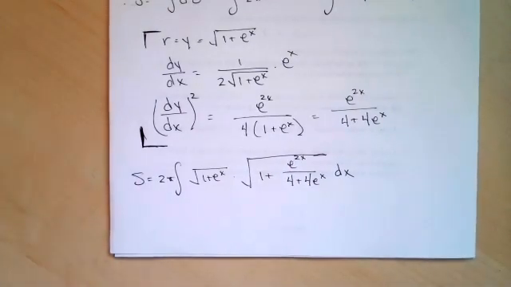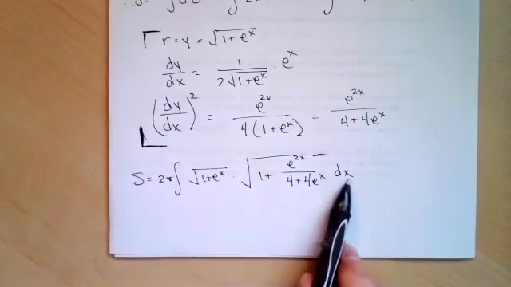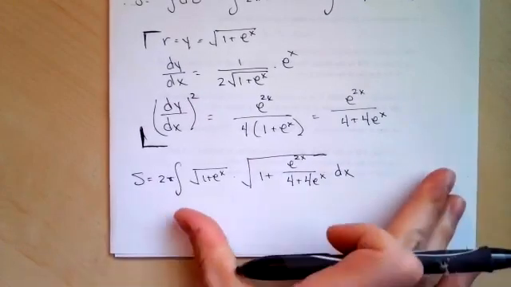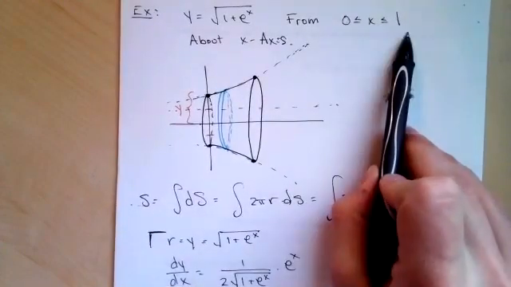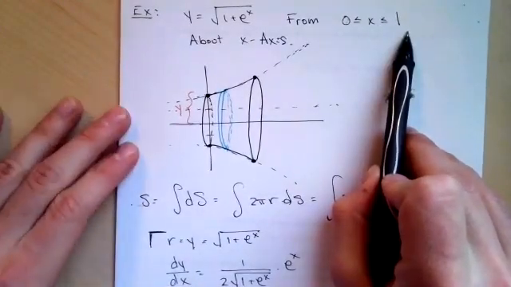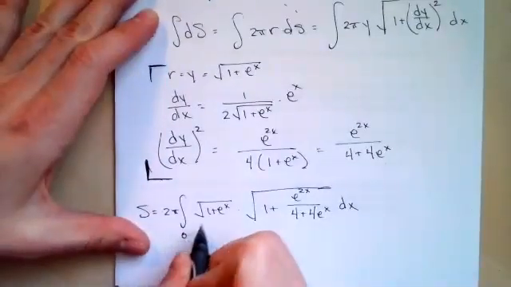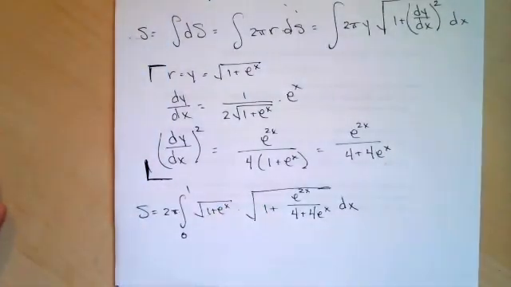We can go ahead and find our bounds too. Our bounds, since we're integrating with respect to x, should be x bounds, which we are given 0 to 1. And now the rest kind of reverts to our algebra skills, simplifying this integral, and then our techniques of integration skills.